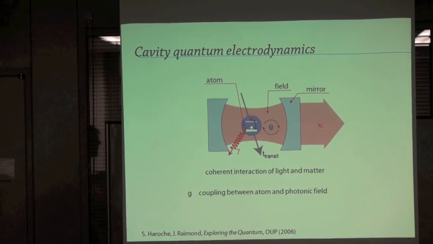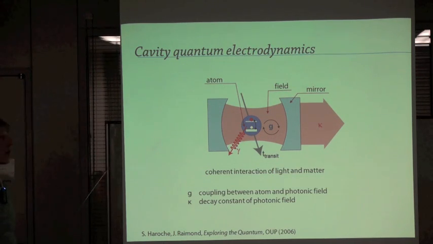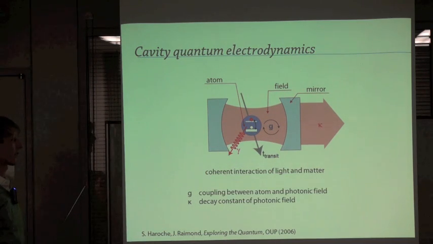Now, the system is described by a few parameters. The most crucial one, I would say, is g, which describes the coupling strength between the atom and the photonic field. And then you also have kappa, which is the decay constant of this field. So it will tell you how long a photon lives before it gets out of the mirrors and leaves the cavity.